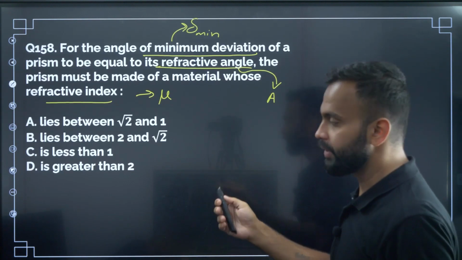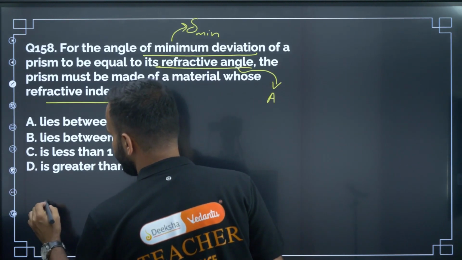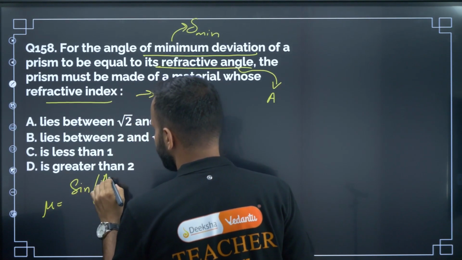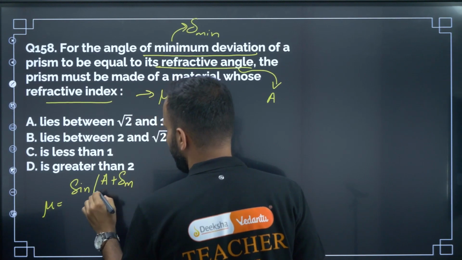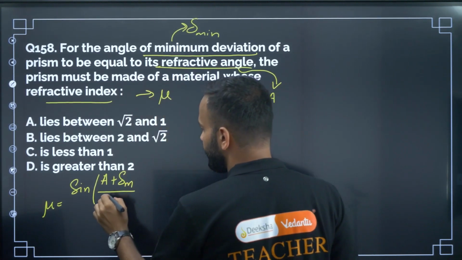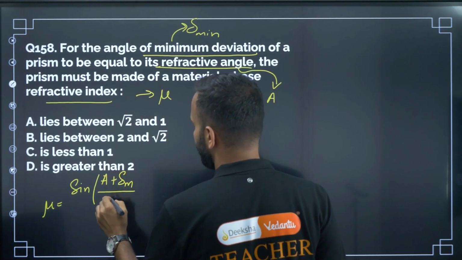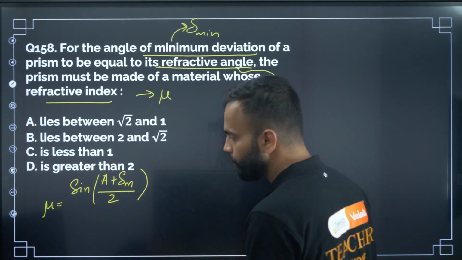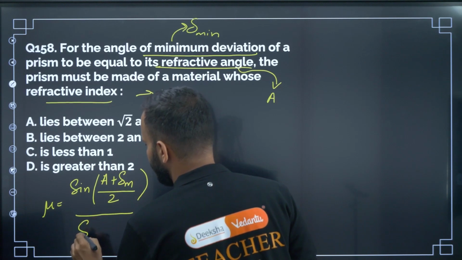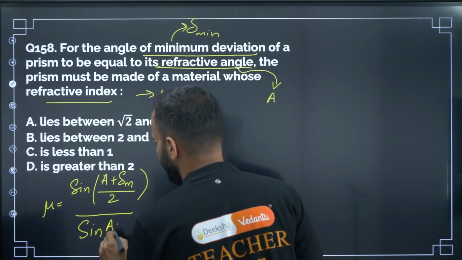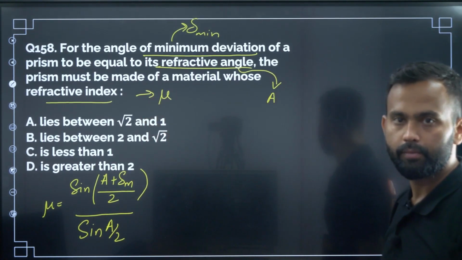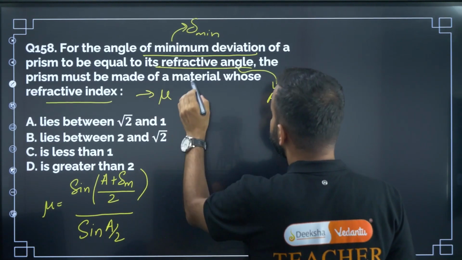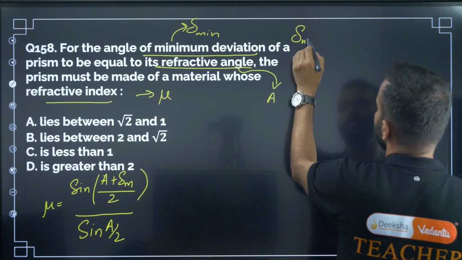The refractive index of the prism, mu, equals sine of (A plus delta m) by 2, whole divided by sine of A by 2, where A is the refracting angle or angle of prism and delta m is the angle of minimum deviation.